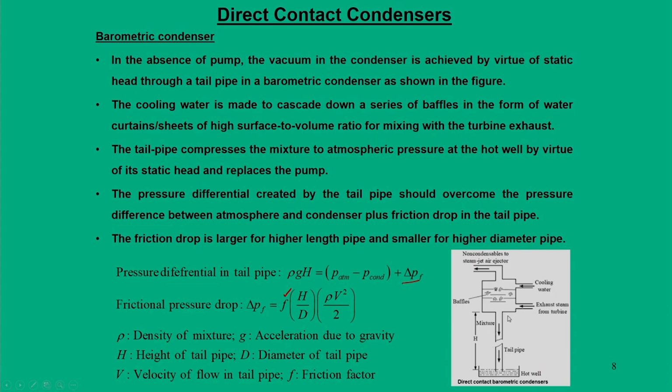The second thing is that this cooling tower arrangement is like baffles, that means there are multiple baffles. So, the water continuously gets in contact with the exhaust of the turbine. Another important aspect of this is non-condensables.